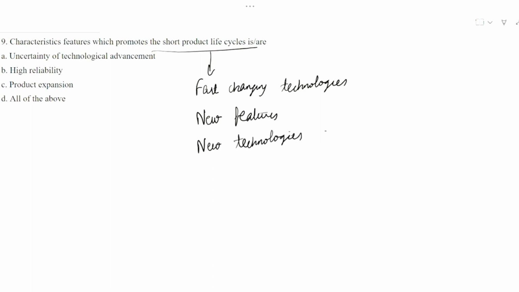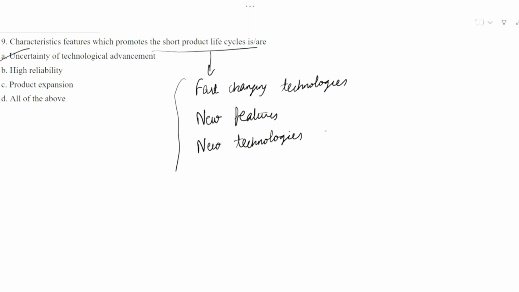So the correct option is uncertainty of technological advancement.